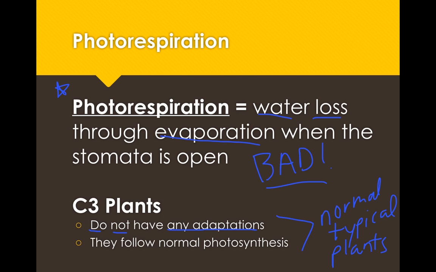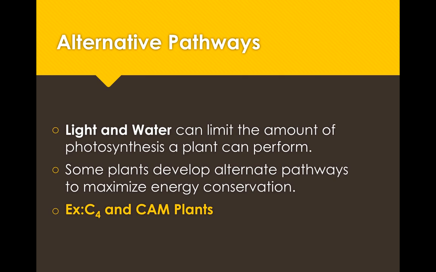This is just normal photosynthesis. But there are some plants that have formed an alternate pathway. Light and water can limit the amount of photosynthesis a plant can perform, and some plants develop these alternate pathways to maximize energy and also conserve water.